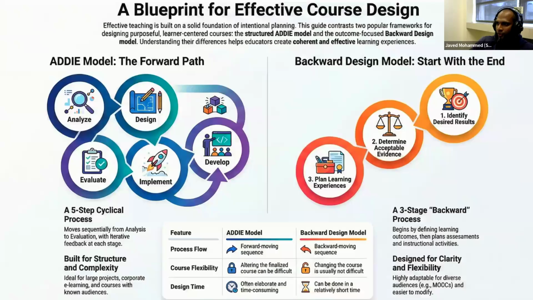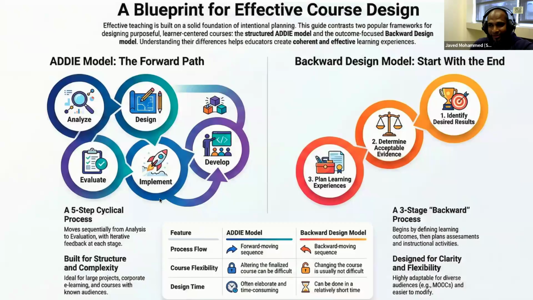All right, so just to quickly mention these two blueprint models. One is forward facing, the ADDIE model. The other one is a backward moving sequence. And let's talk about design time when compared to the both.